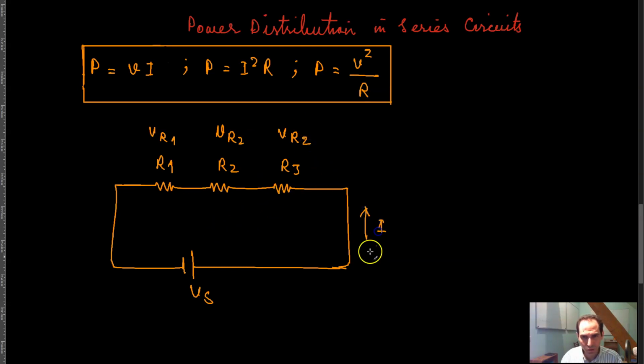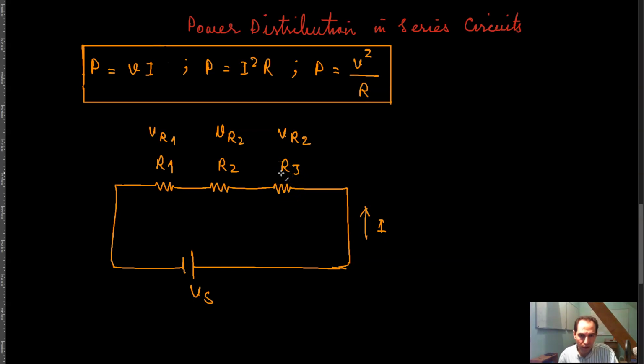There is some current going through this circuit, and you can calculate the power dissipated by each resistor by squaring the current going through the circuit and multiplying it by each resistor. Square the current and multiply it by R1, and you get the power dissipation by R1. Square it and multiply by R2, you get the power dissipation by R2. Square it and multiply by R3, you get the power dissipation by R3.